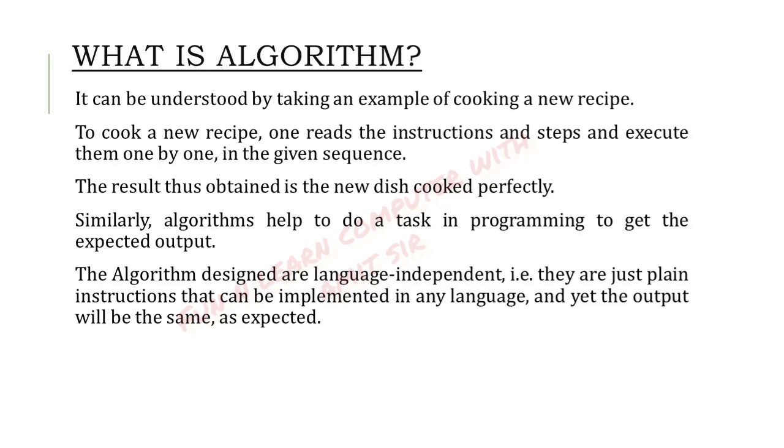Similarly, an algorithm helps to do a task in programming to get the expected output. The algorithms designed are language independent. That is, they are just plain instructions that can be implemented in any language, and yet the output will be the same as expected.